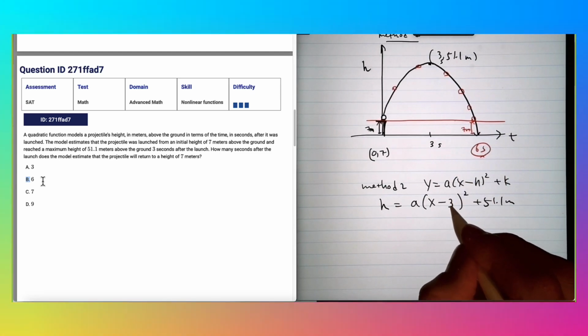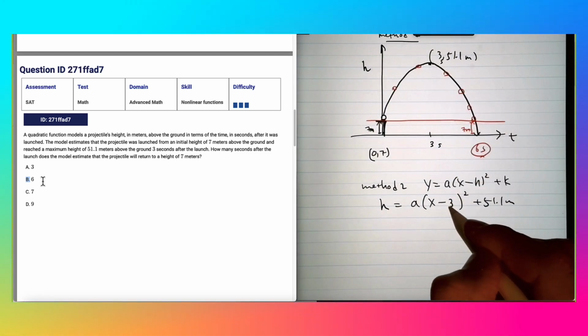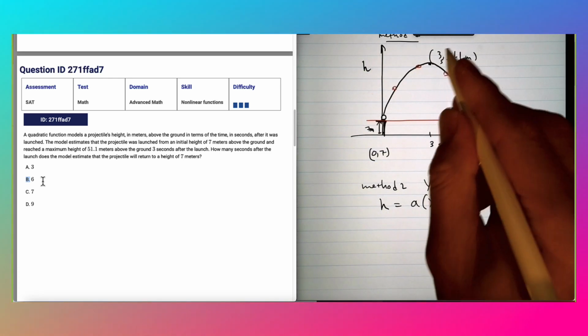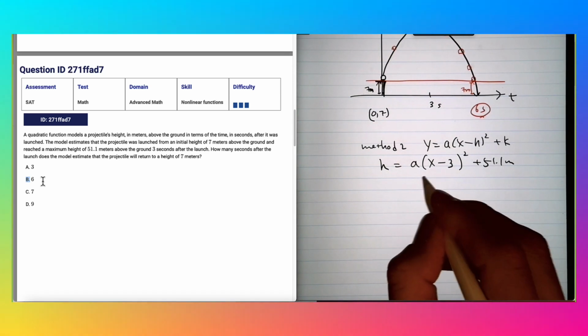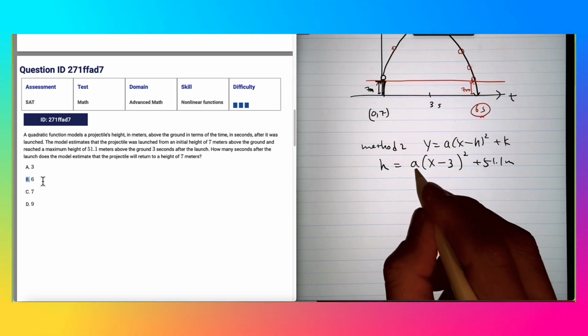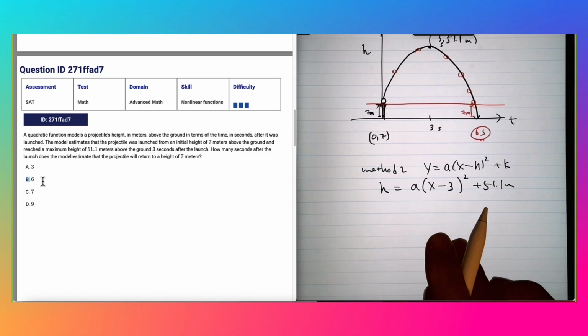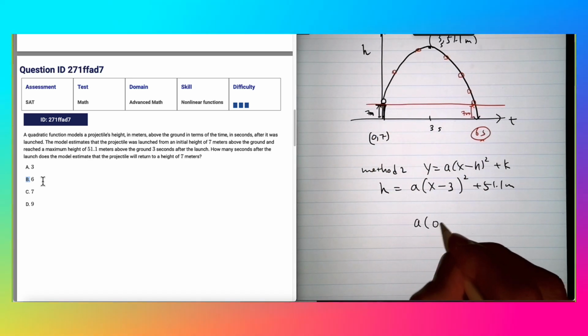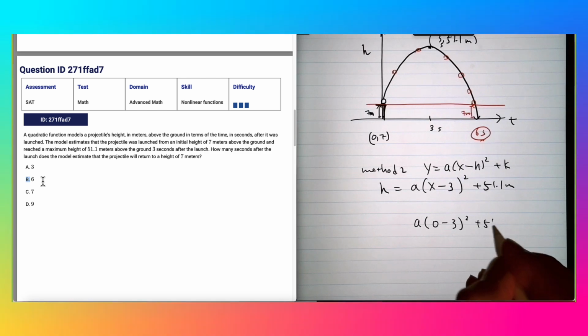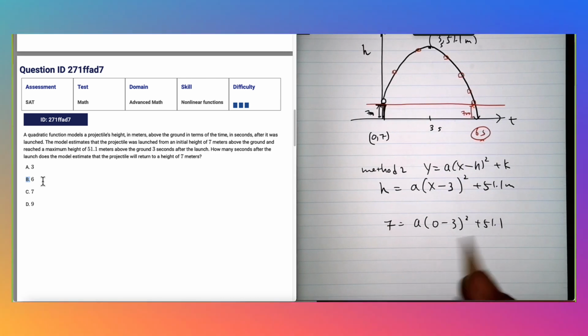Now I plug in the x coordinate 3, being the x coordinate of the maximum, and the y coordinate 51.1 here. Okay, I still need to find a here, so to do that, I can plug in 0 and 7. So when you put x equals 0, I'm supposed to get 7 for height.